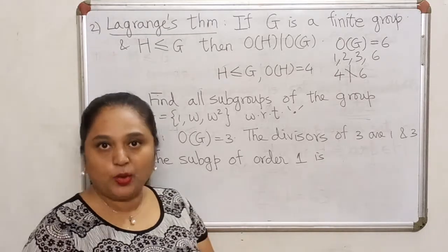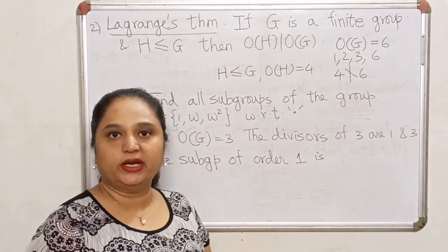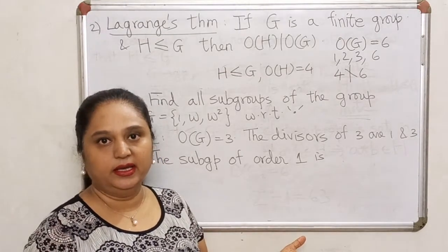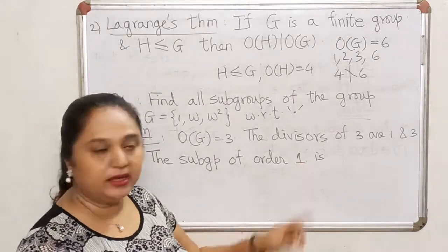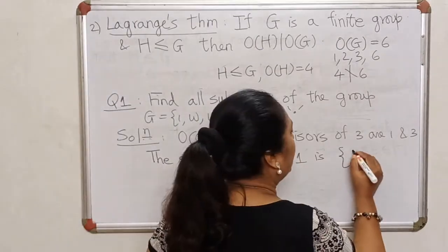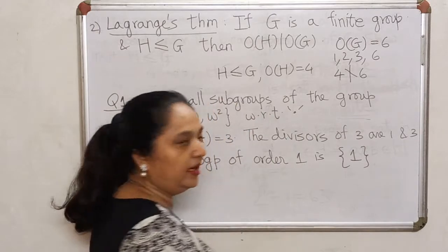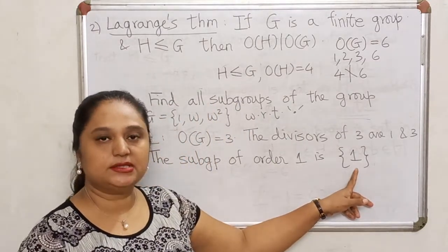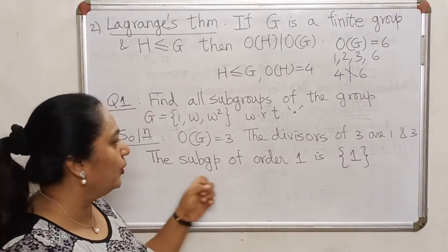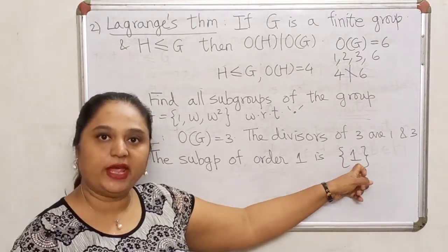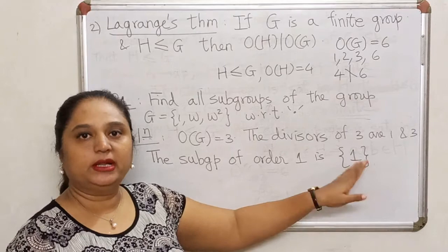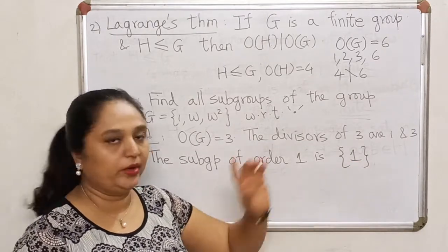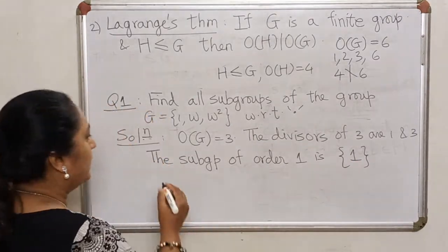Now, if you want to have a subgroup, the most important element is the identity. And if you want only one element, then it will have to be the set containing only the identity. Recall, this is called the trivial subgroup. So, the subgroup of order 1 will always be the trivial subgroup, that is the subgroup containing only the identity.